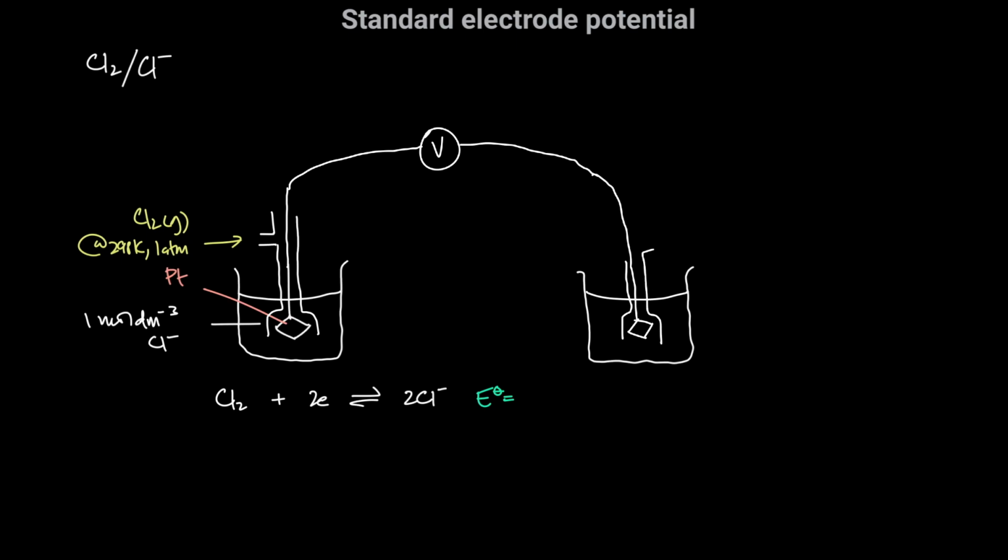And here we have hydrogen gas coming in at 298 Kelvin and 1 atmospheric pressure.